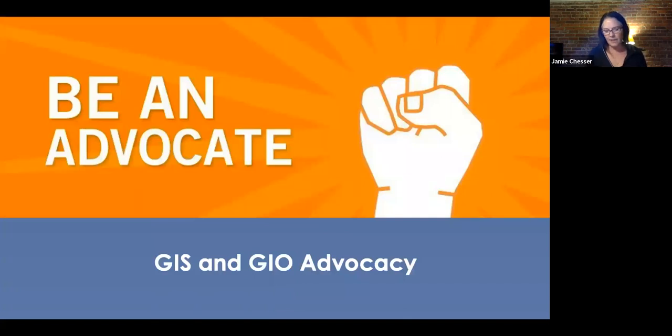Another reason for the advancement of geo-enabled elections is it provides an opportunity to the GIS community to advocate for GIS and also geographic information officers and their equivalents. We believe that the involvement of the GIO and their equivalents is essential in the integration and implementation of GIS in elections because this is a spatial challenge and they know GIS technology, processes, and projects best in their states.